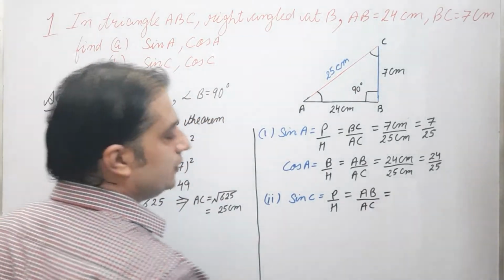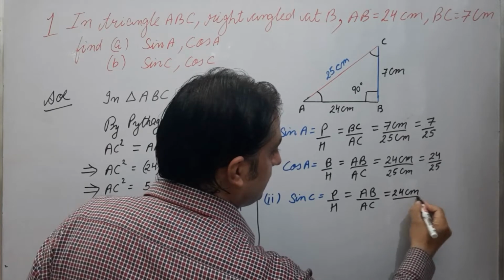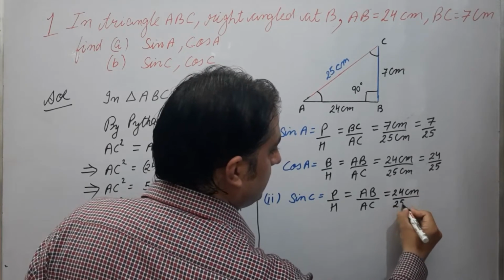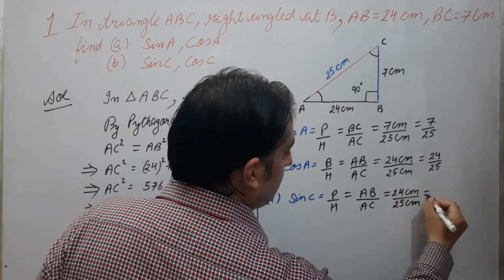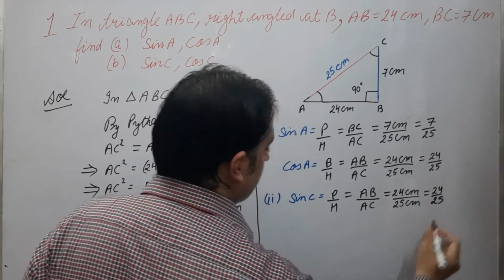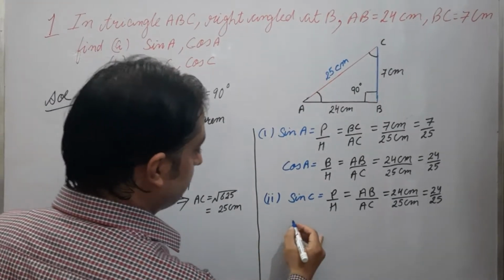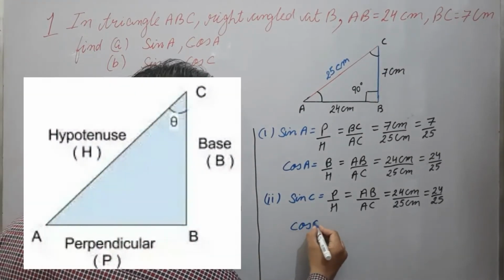So AB is 24 centimeter and AC is 25 centimeter. So 24 upon 25 is the ratio. It's a T ratio.